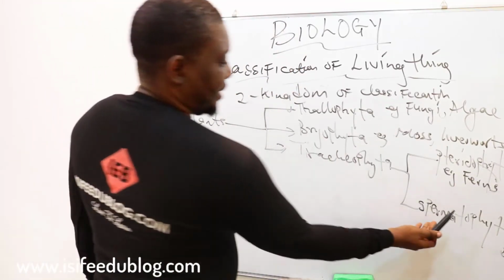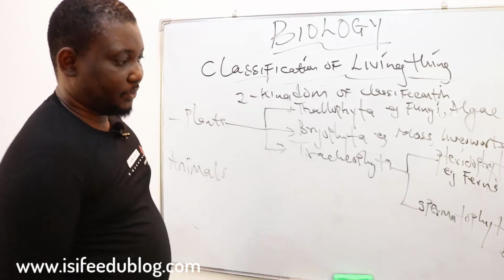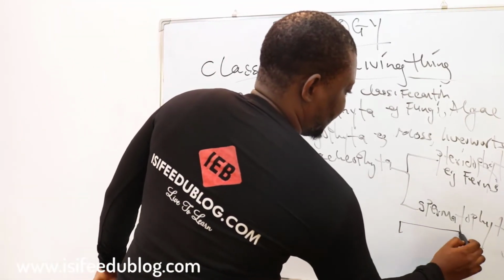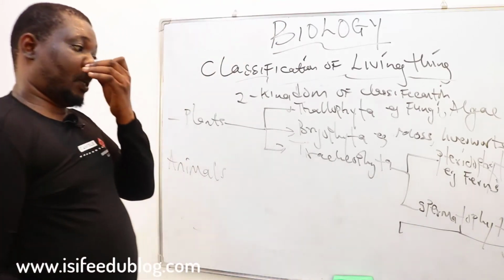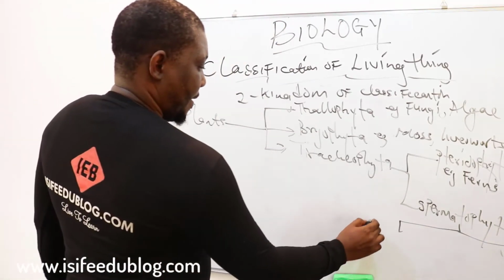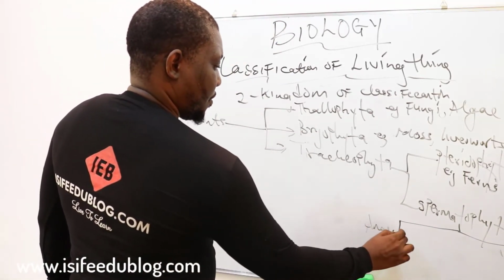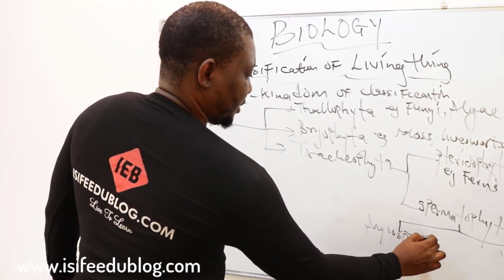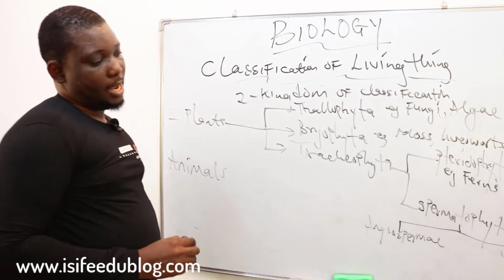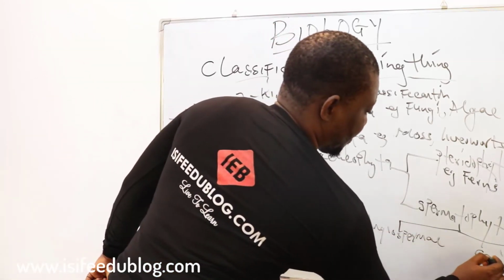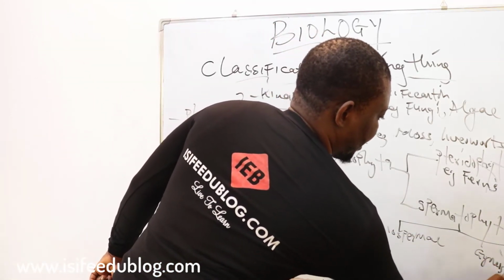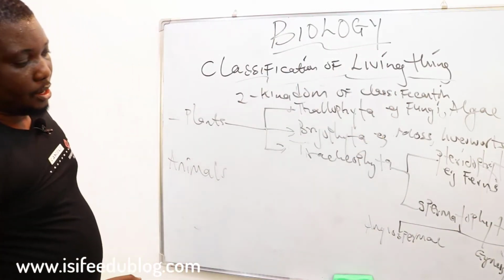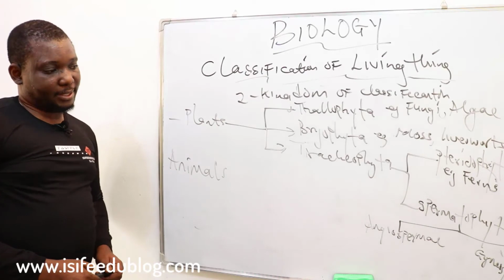In Spermatophytes, there are 2 classes: angiosperms and gymnosperms. These are the two classes of Spermatophytes.